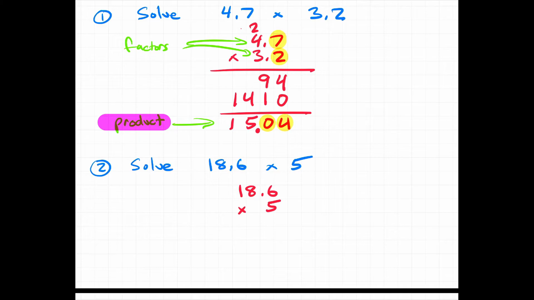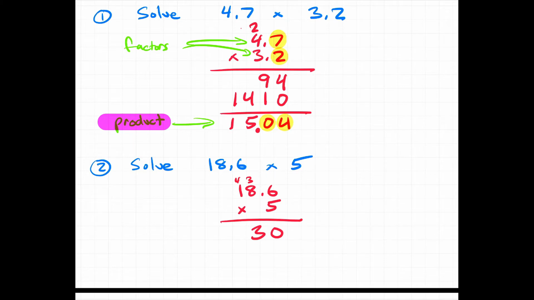And like I said, notice that I've justified my numbers all the way to the right. So now I just do basic multiplication, ignoring the decimal. So this is just like multiplying 186 times 5. So 6 times 5 is 30, carry up the 3. 5 times 8 is 40, plus the 3 is 43, carry up the 4.